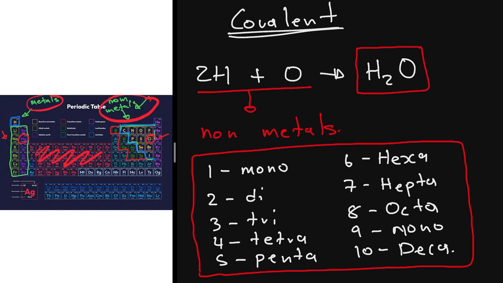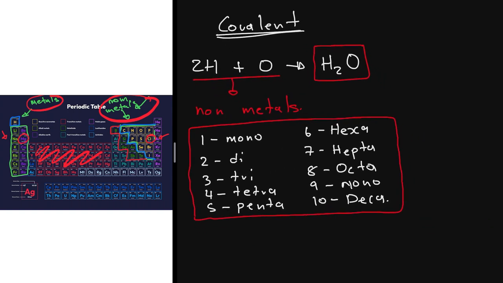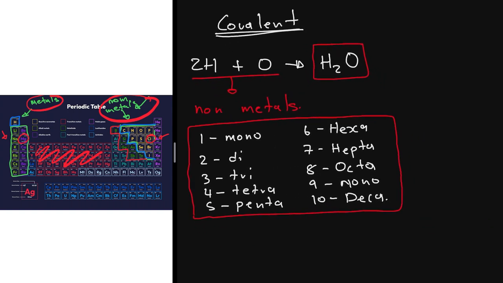For example, if we want to label this compound that we have here, which is H2O, remember, the first element we write as it is. So the first element is hydrogen. But now we take into account how many hydrogens we have. In this case, we have 2 hydrogens, so we write the prefix di, because 2 means di. So this is going to be dihydrogen.